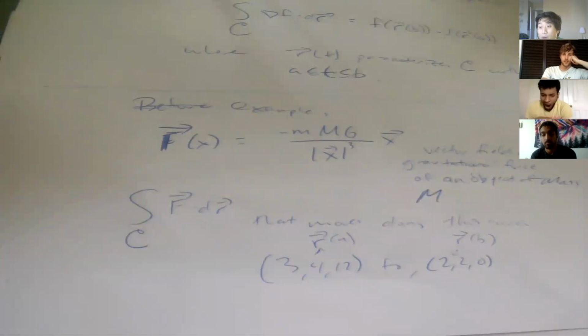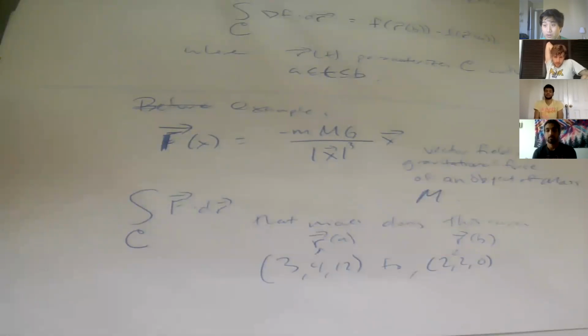I don't care about what A and B are. I care about the points, right? I use A and B to parameterize my curve if I need to parameterize my curve. But if I'm already given the points, I don't care what time I arrive at those points, right?